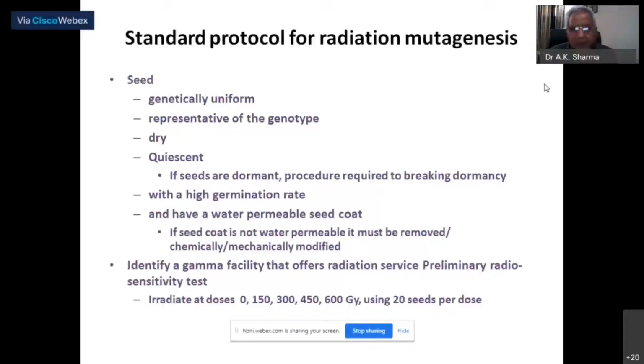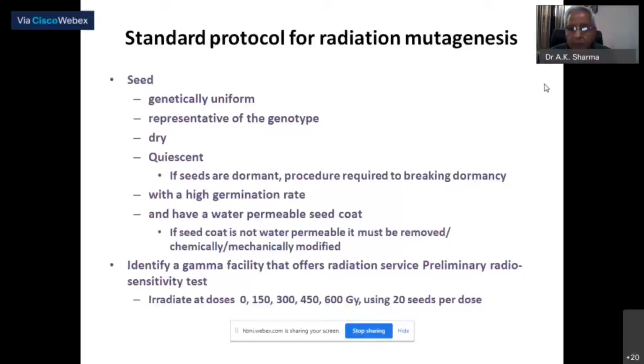Identify a gamma facility that offers radiation service. And of course, in the BRC setup, there is no issue of getting it. You can get several of them, and you carry out a small experiment to look at the radiosensitivity. So what you do is you take 20 seeds and expose each set to, say, 0, 150, 300, 450, 600, or 1 kilogray dose, and then look at their viability.